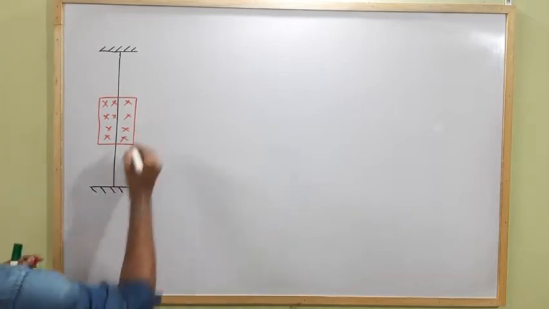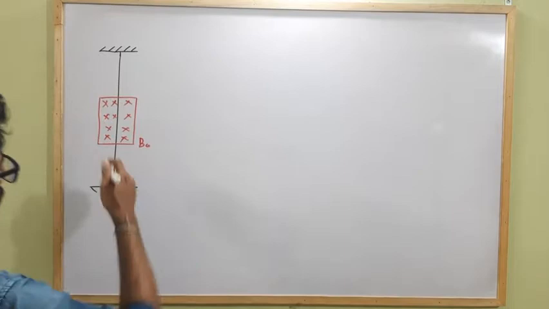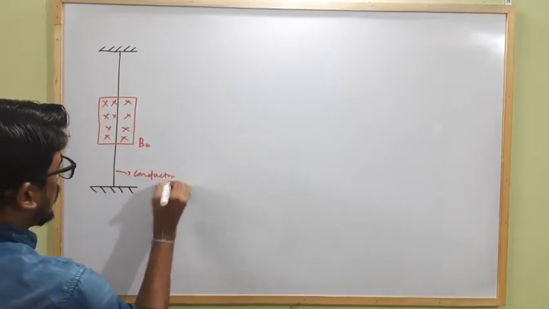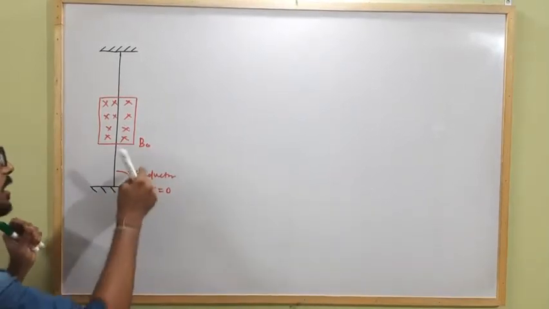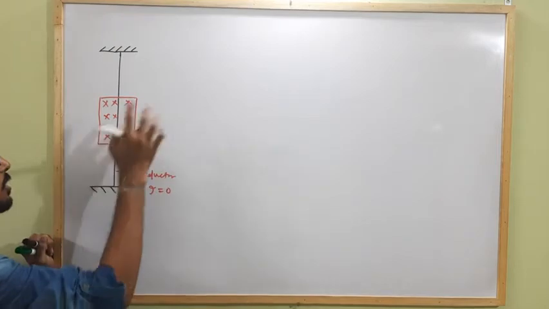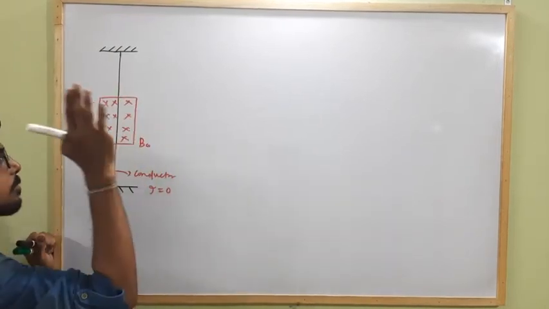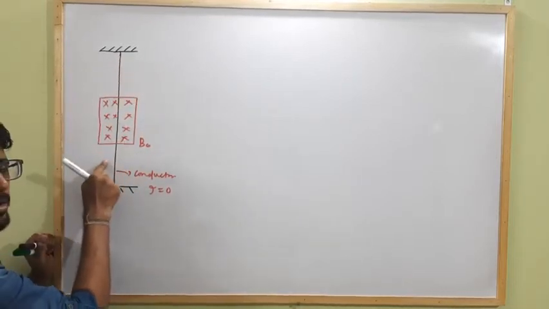Here the magnetic field strength is B naught. Here I equals 0, the current flowing through this conductor is 0. So when there is no current flowing through this conductor and there is a region having magnetic field strength B naught directed into the plane, there will be no effect on this conductor.